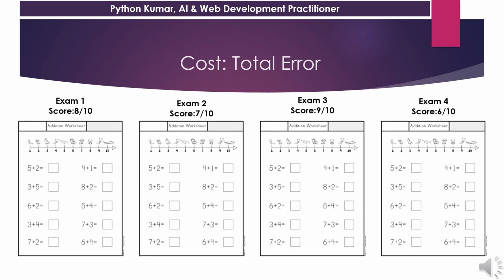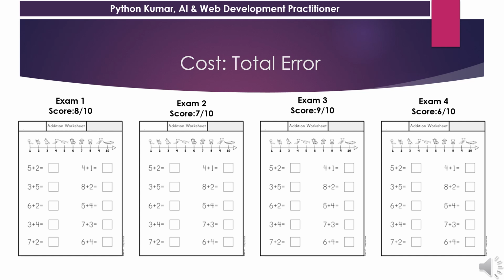Now let's look at the evaluation, that is the final prediction that I make and the errors I make in the prediction. Suppose after linear regression I have 4 exams given to me. In the first exam I scored 8 out of 10. In exam 2 I scored 7 out of 10.